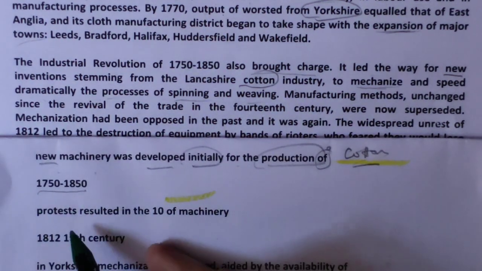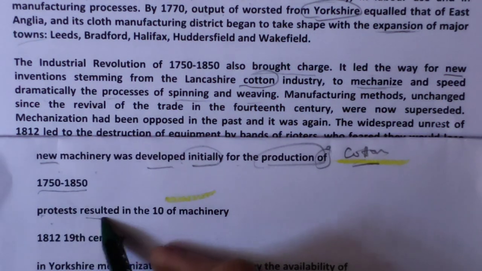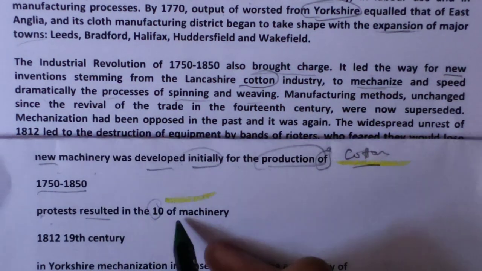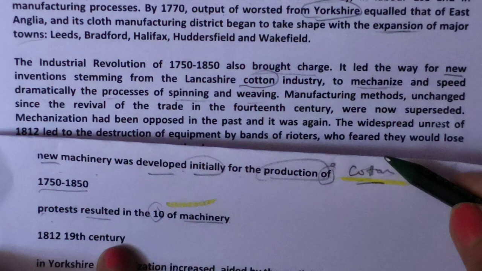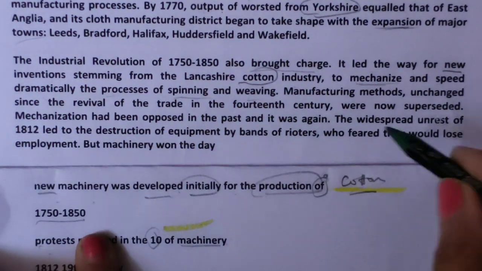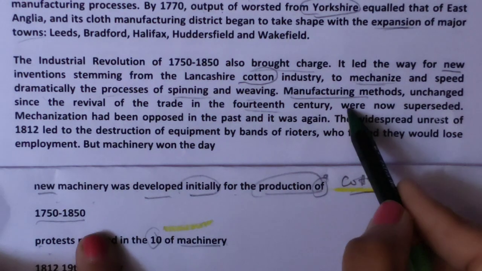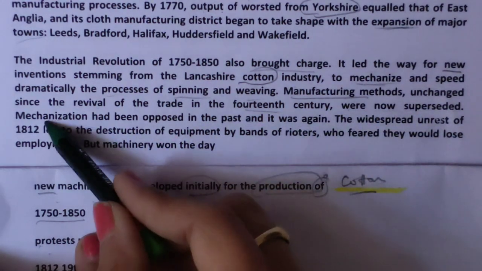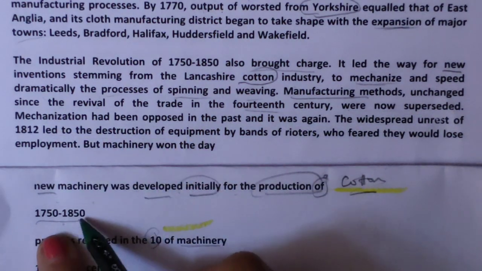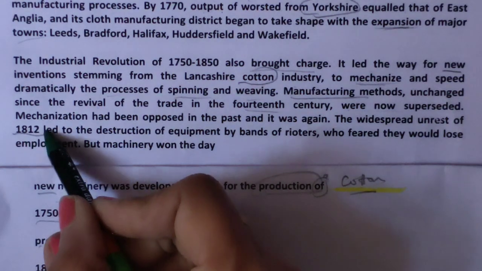So next question is 10th number. 1750 and 1850 protest resulted in the dash of machinery. Okay, some protest they are talking about. We are looking for 1750 to 1850. So this is 1800.